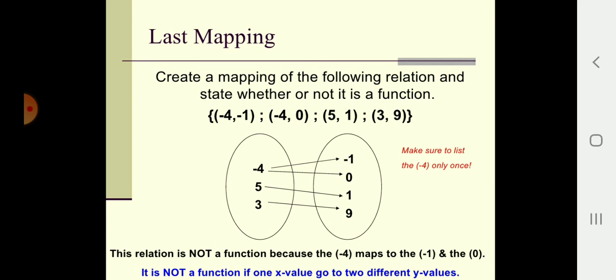This relation is not a function because negative 4 maps to both negative 1 and 0. It is not a function if one x value goes to different y values. Make sure you list the negative 4 only once.